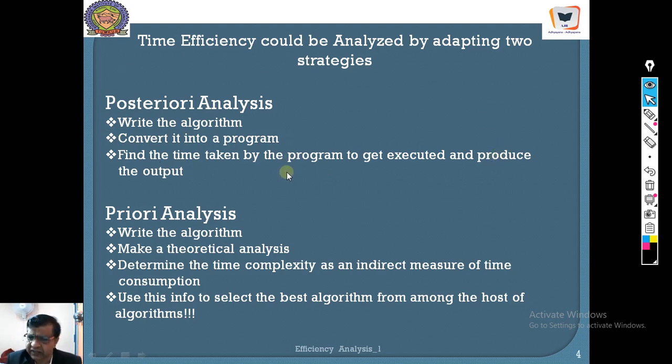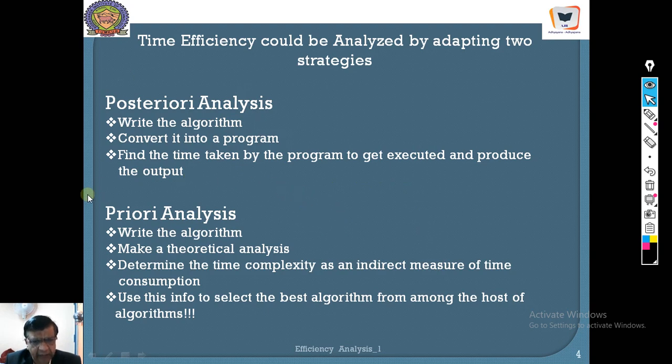Essentially, we will never measure the time efficiency. We will measure the efficiency of a language maybe, or the efficiency of a system or its architecture. Therefore, we are not answering this particular question. We are not doing whatever we wanted to. Therefore, posterior analysis is ruled out.